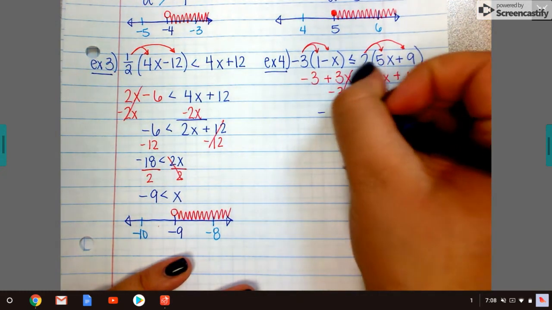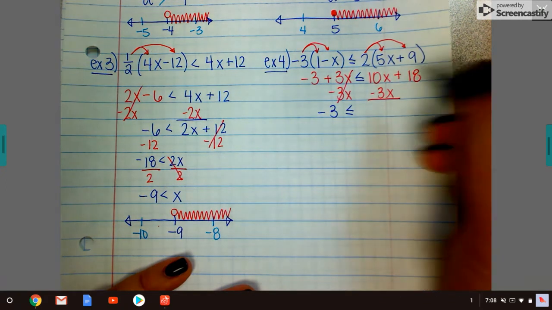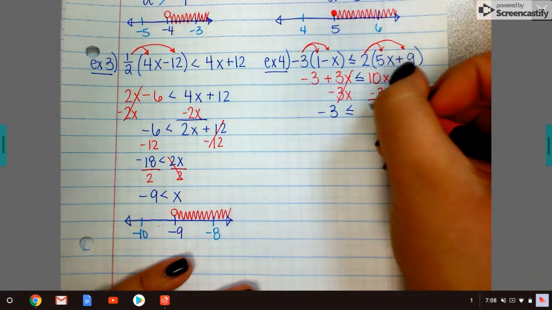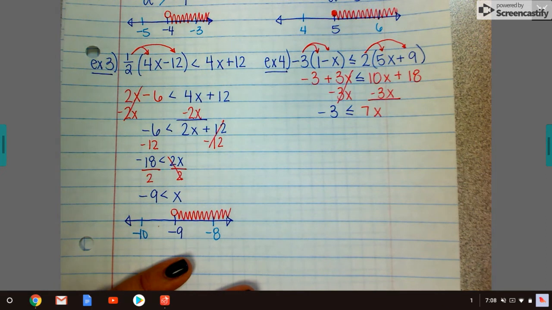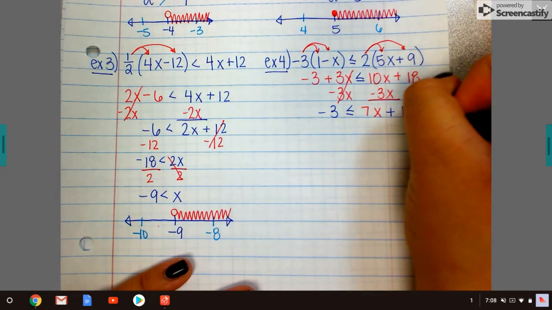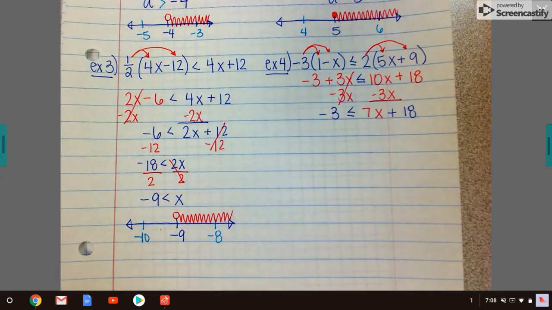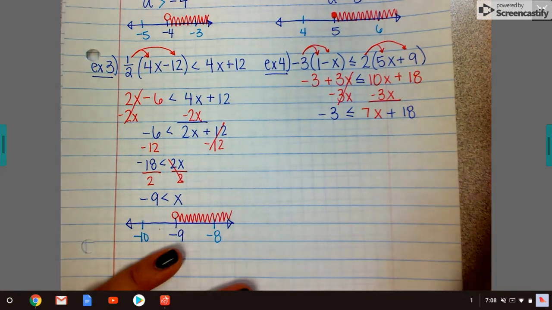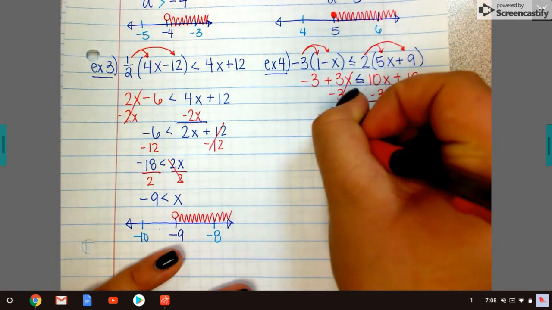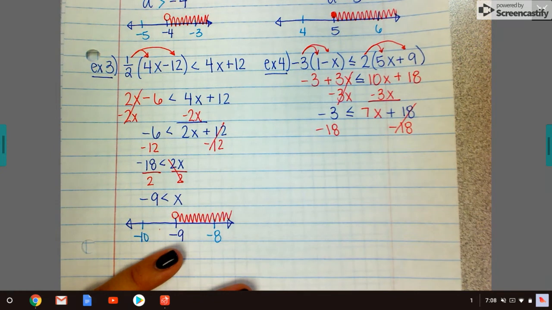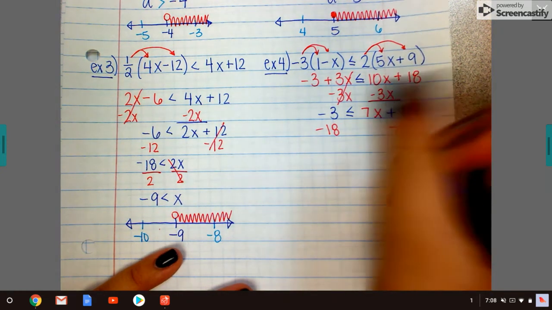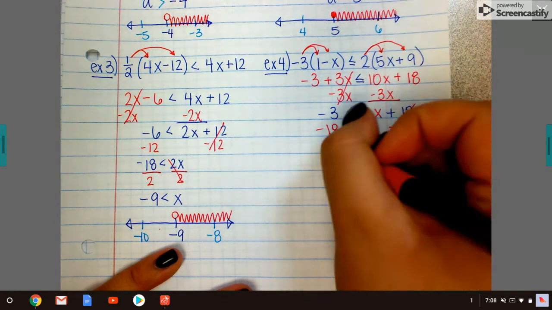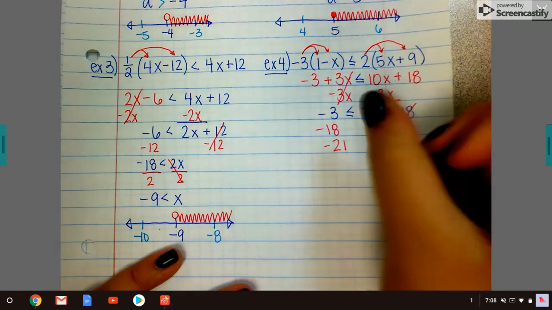So I'm dropping down -3, a less than or equal to, and this is going to give me a 7x. Subtracting 18 from both sides to get all the numbers on the same side as well. So 18, 19, 20, 21. So I have -21 on the left and 7x on the right.